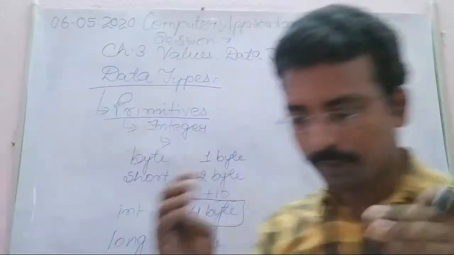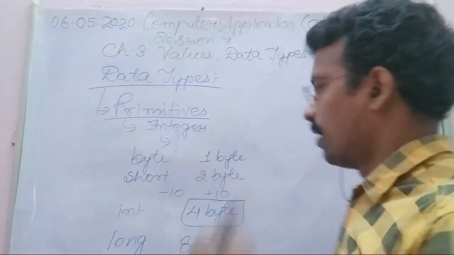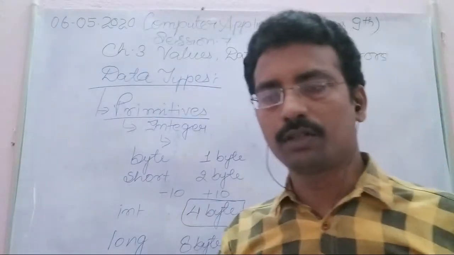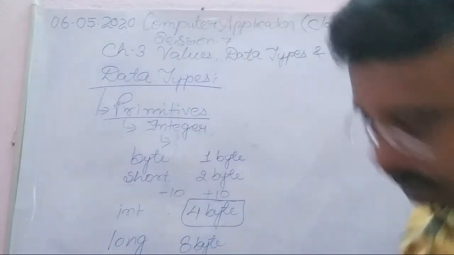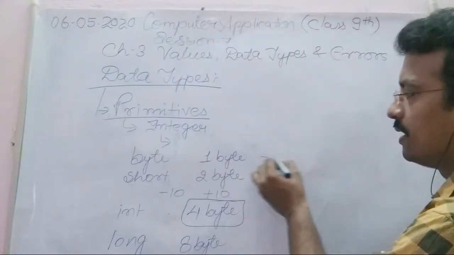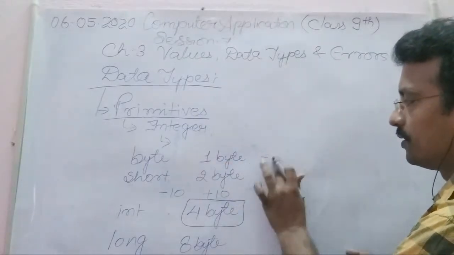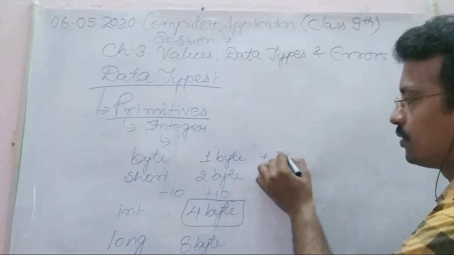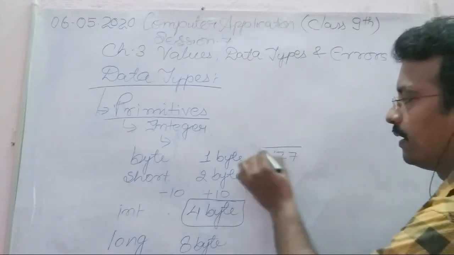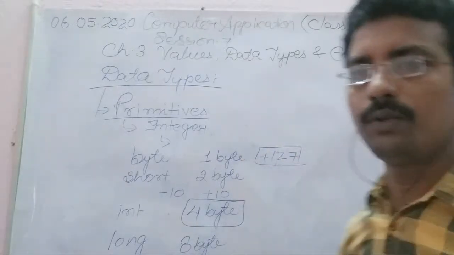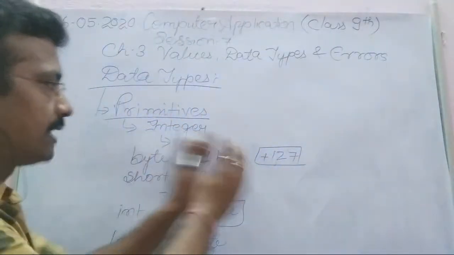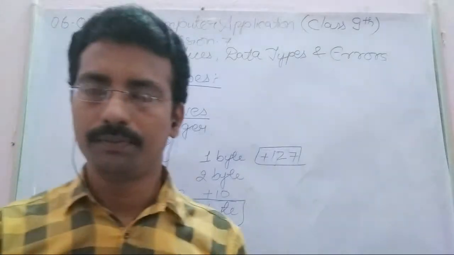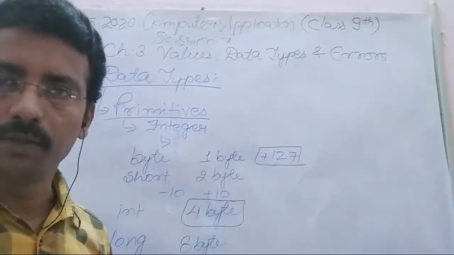If I explain the value categories, you will come to know that plus 127 is the highest value that can be stored in the byte type of variable.